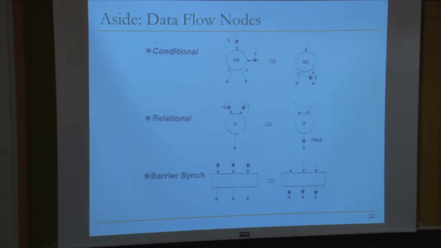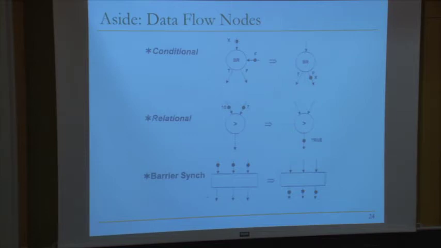If the control input was true, then this X would have gone through the true arc. Make sense? So that's how you enable programs with conditionals. You could have relationals also. For example, in this case, you're comparing two values. Is the value on the left token greater than the value on the right token? If that's the case, then you send a true token out of this node.